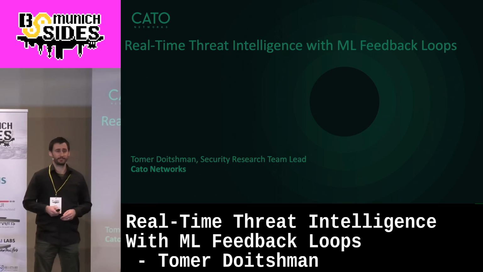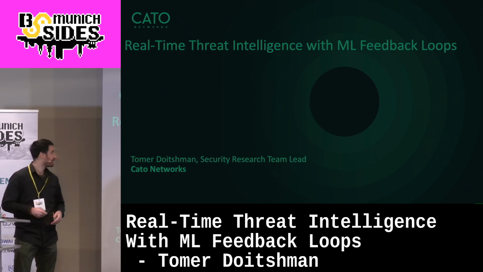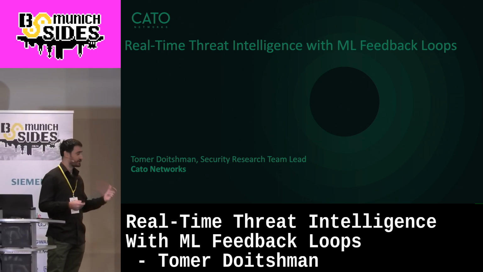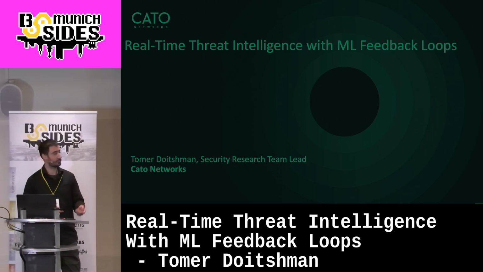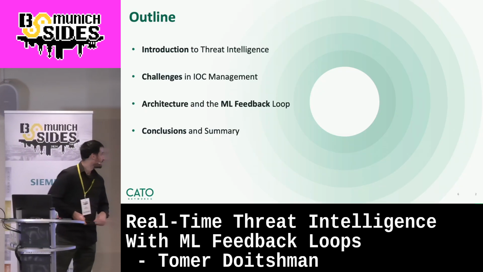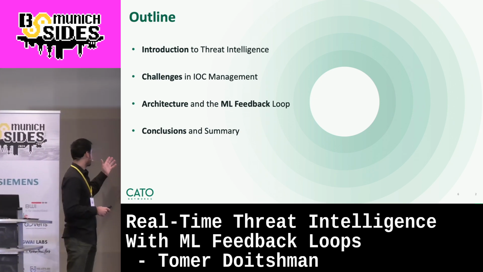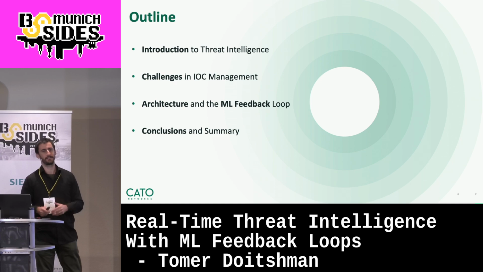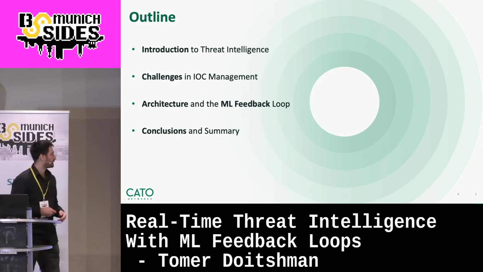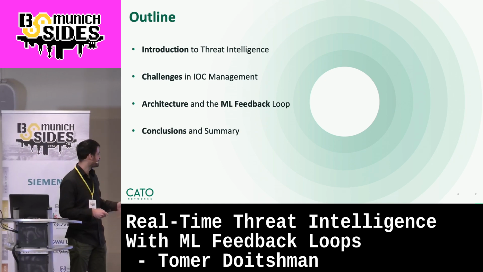Today, we are going to talk about threat intelligence and more specifically, how we build a threat intelligence pipeline using machine learning feedback during the process. Let's go. First, we are going to introduce some key terms about threat intelligence. Later on, we are going to talk about the challenges, as you know, there are many challenges in this process.